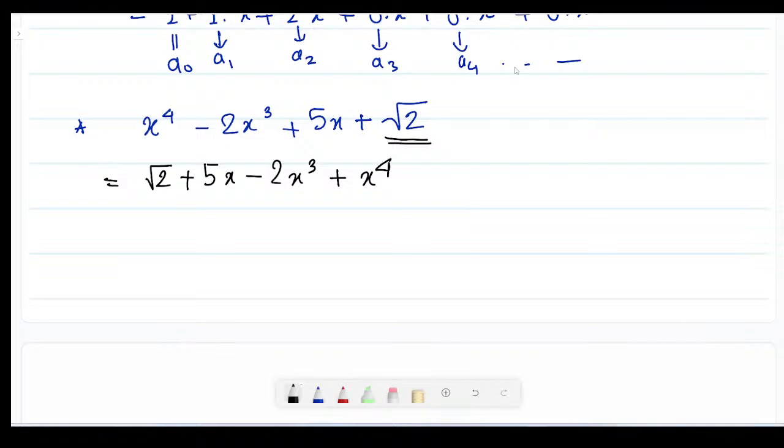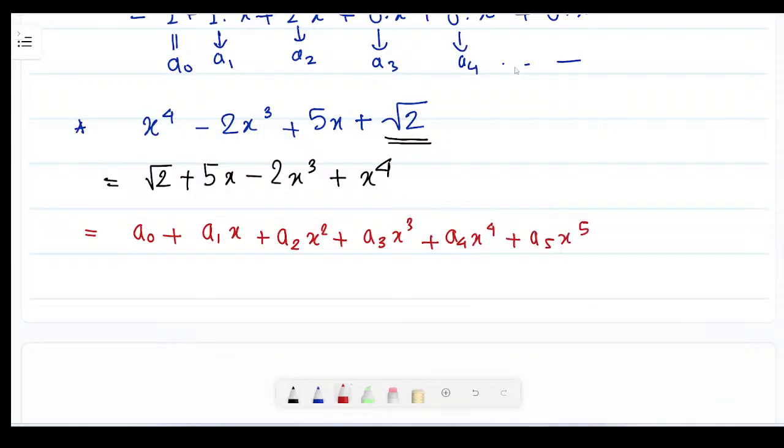Now we compare with the general expression. So how can we compare this? a0 plus a1x plus a2x square plus a3x to the power 3 plus a4x to the power 4 plus a5x to the power 5 plus and so on.